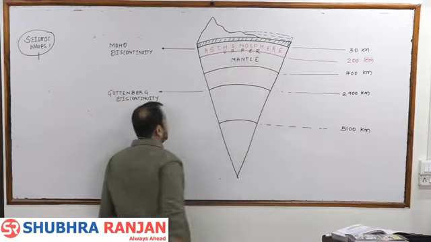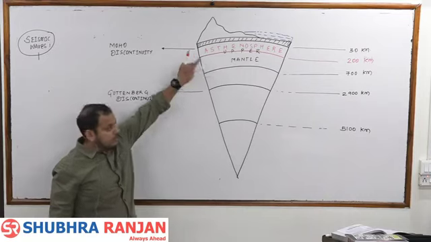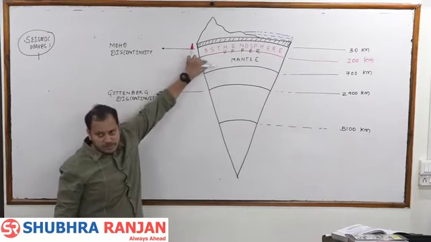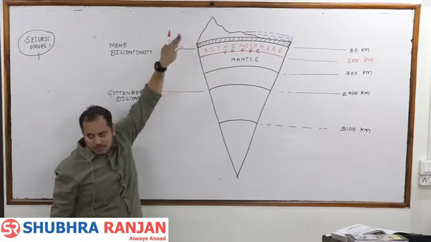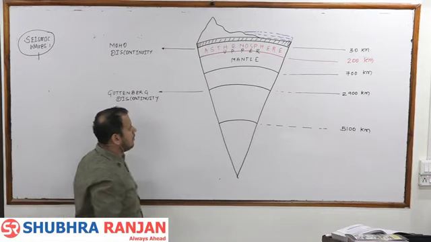Can you tell me why I have written this? Because if you write upper mantle only here, that means this part is the upper mantle. Asthenosphere is also a part of upper mantle. So thoda upar jane do in the diagram.